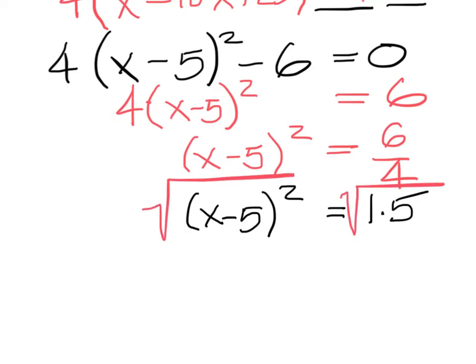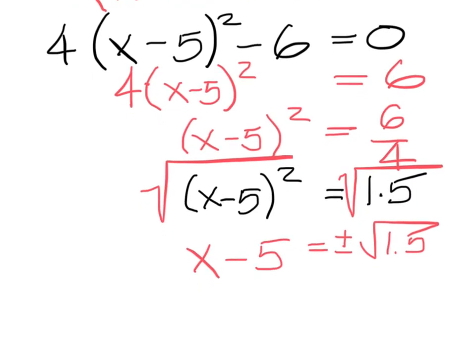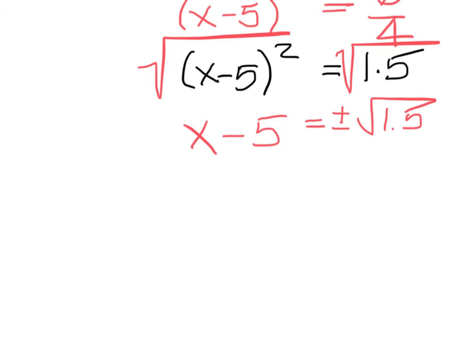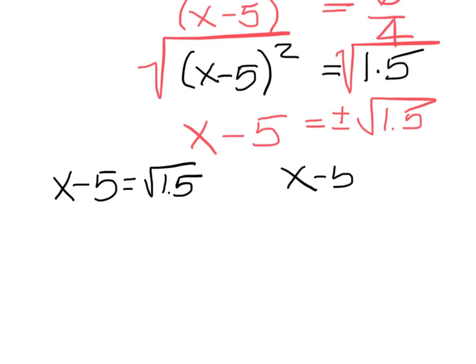And what is the square root of the quantity squared of x minus 5? X minus 5, yes. And we need plus or minus the square root of 1.5. 2 problems to do. X minus 5 equals square root of 1.5, and x minus 5 equals negative square root of 1.5.